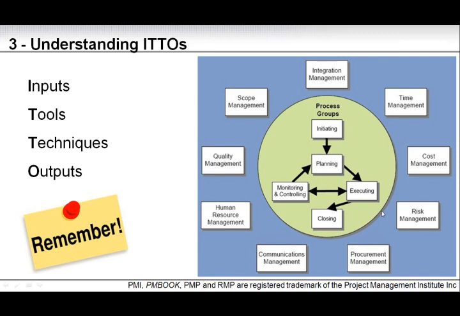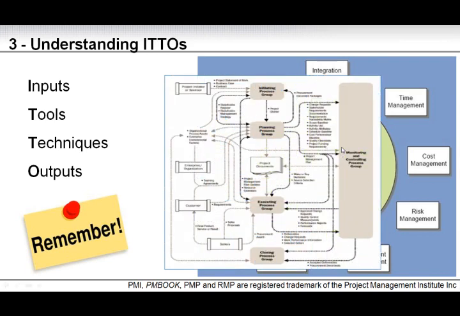So here is one of the pictures that you will see in the PMI PM book, and you need to know how each of these areas is linked to each other and how the process groups are linked to each other. This is very key. Another view, also from the PMI, shows the input and output of each of the process groups. Again, this is what is considered as ITTOs.